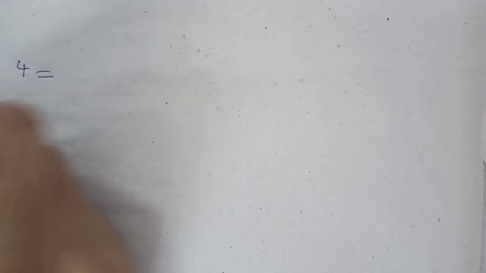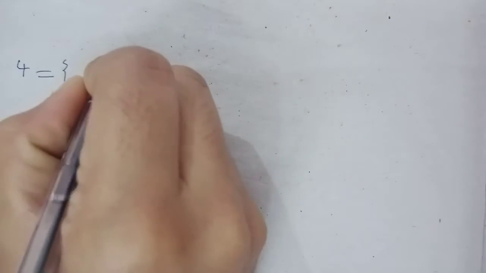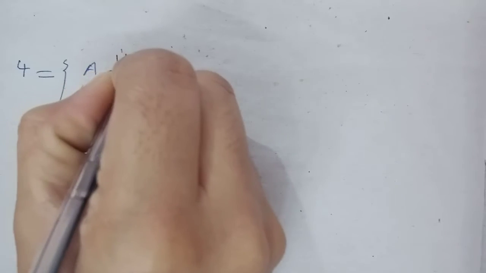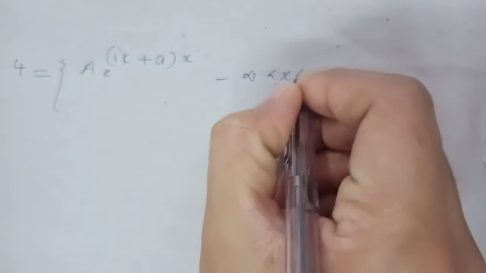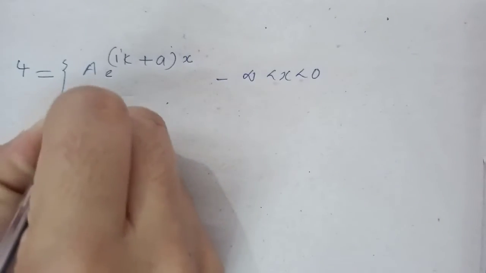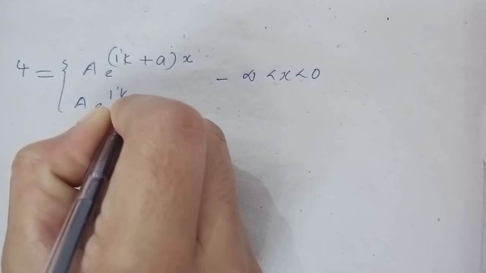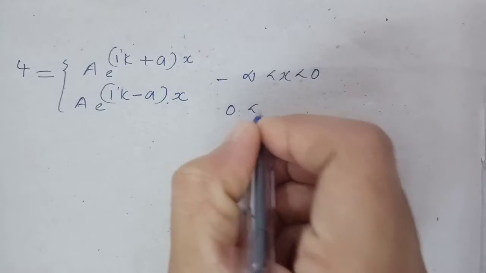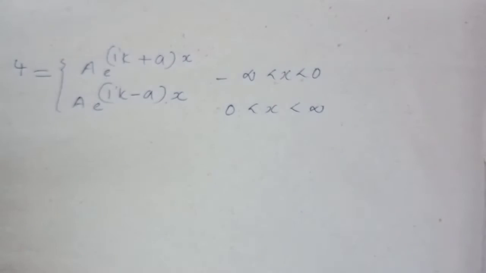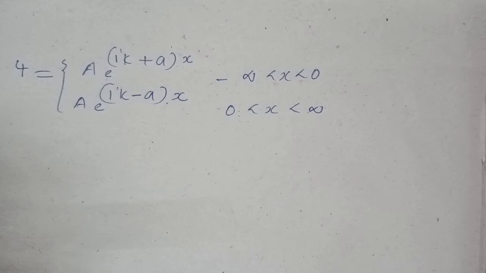Psi is equal to a e raised to i(k plus a)x for minus infinity less than x less than 0, and a e raised to i(k minus a)x for 0 less than x less than infinity. So we have to find the normalization constant.